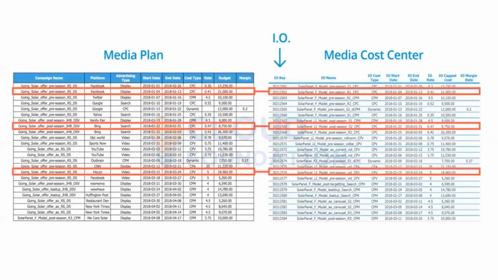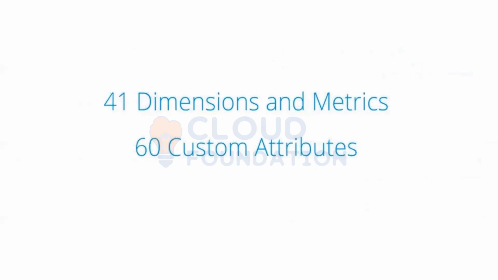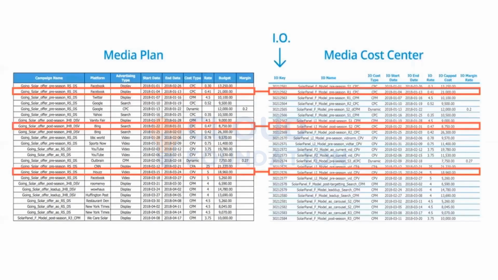So IO is basically an insertion order or an insertion key which can connect to at least 41 dimensions and metrics and 60 custom attributes. That does mean that in an IO key you can have the IO name, your cost, your start date, end date, capped cost, margin rate. So capped cost and margin rate are measurements, and names and all these keys are dimensions.